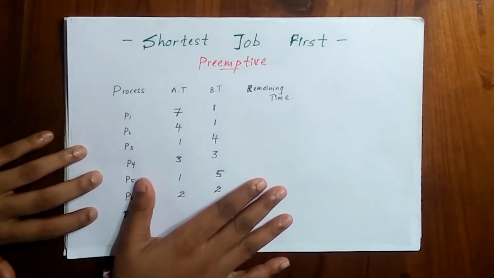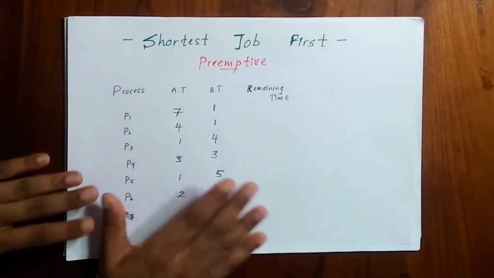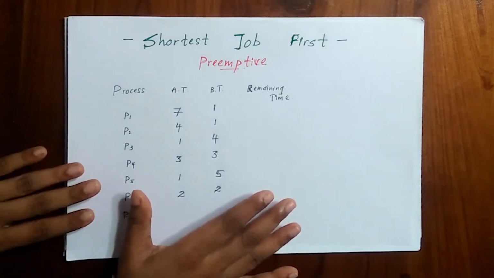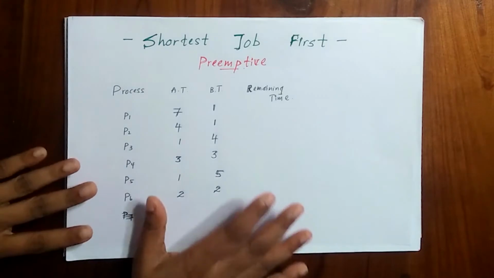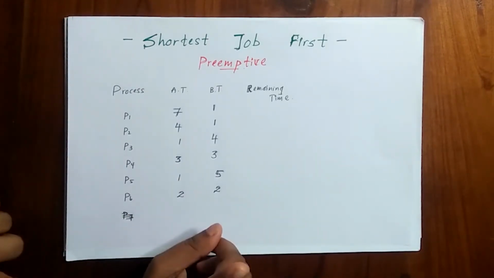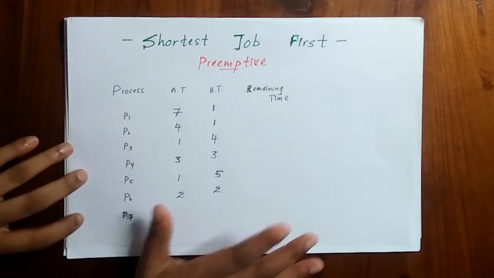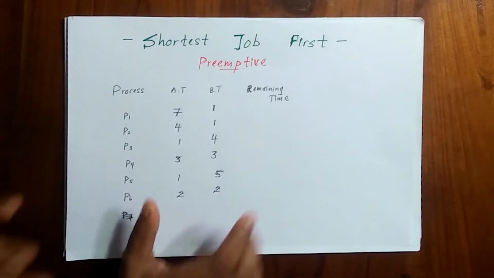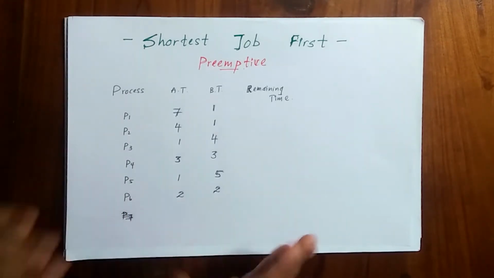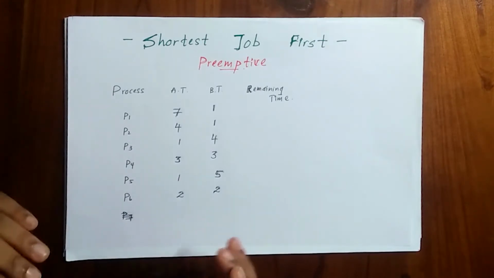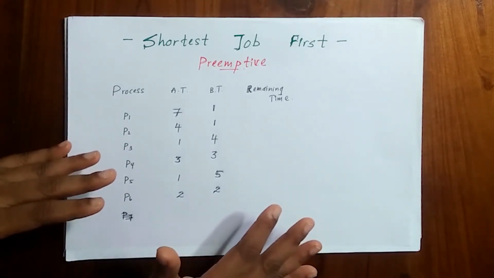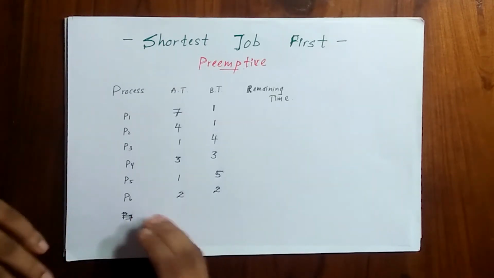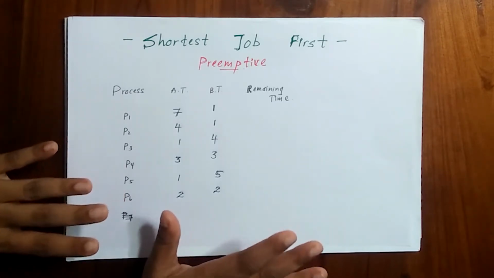But the difference in preemptive is that we stop, or preempt, the execution of a process under one condition: if the newly arrived process has a burst time smaller than the remaining burst time of the currently running process, then we remove the current process and allocate the new process.